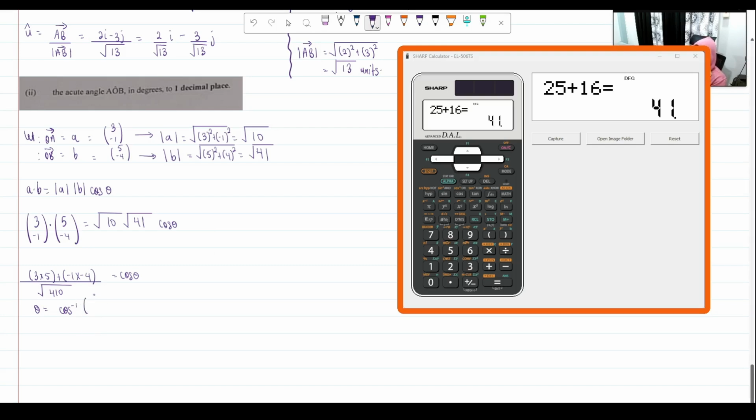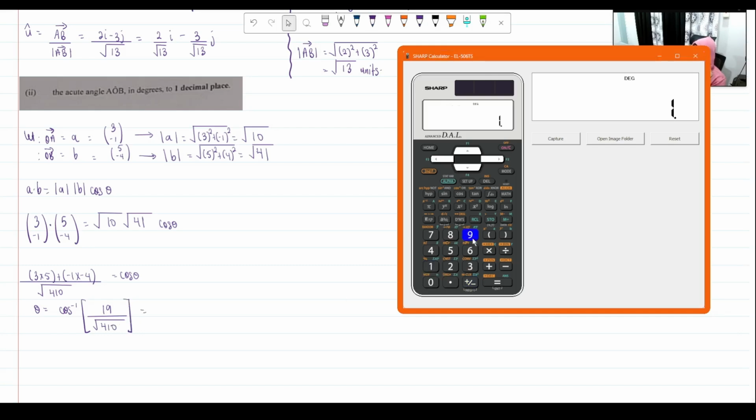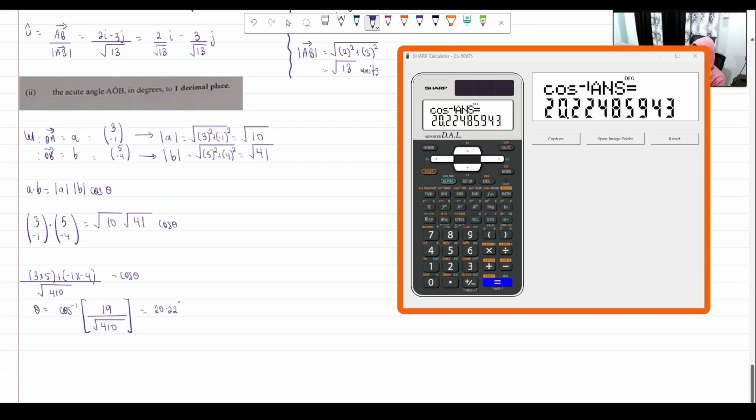Cos inverse of 19 over the square root of 410, which is equal to 19 over root 410. Cos inverse of the answer, 20.22 degrees to 2 decimal places.